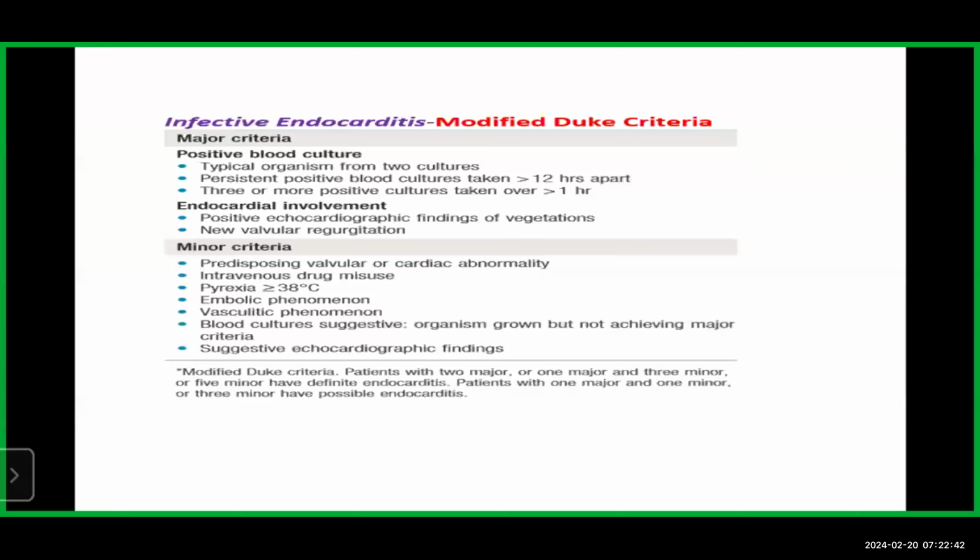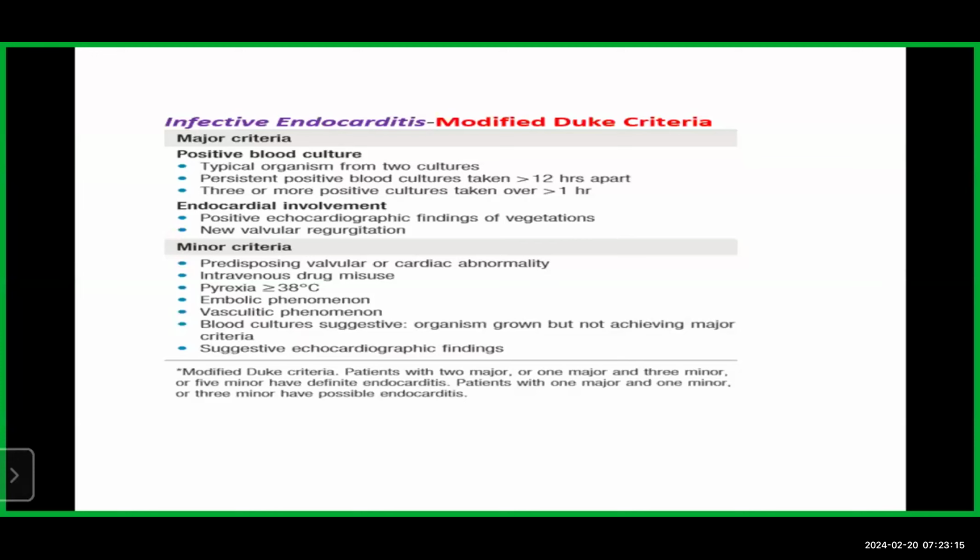The major criteria include two basic things: positive blood culture and endocardial involvement. Positive blood culture involves isolating a typical organism from at least two cultures. Then persistently positive blood cultures, taken more than 12 hours apart, or 3 or more positive cultures taken over more than 1 hour apart. Endocardial involvement involves a new valvular regurgitation or positive echo findings of vegetations.